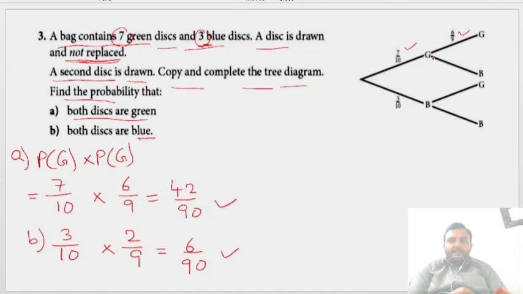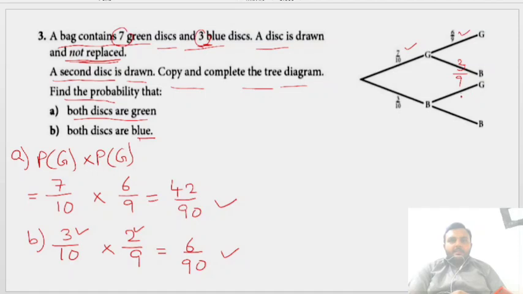So now green blue. So this is green blue, for how much? Green blue, I think we have to find. So both are blue. So these are green. So this is green 7 upon 10. So blue must be 2 upon 9, because no, green must be 3 upon 9 here, and then 3 upon 10, then green again.